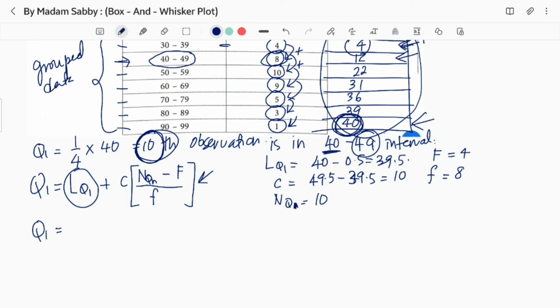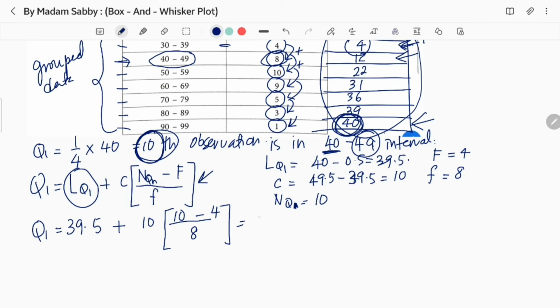Okay, so lower boundary, which is 39.5, plus C is 10, times the number of observations for my first quartile, 10, minus the cumulative frequency of the previous class, 4, over 8. Now it's your turn to press the calculator and calculate the value.